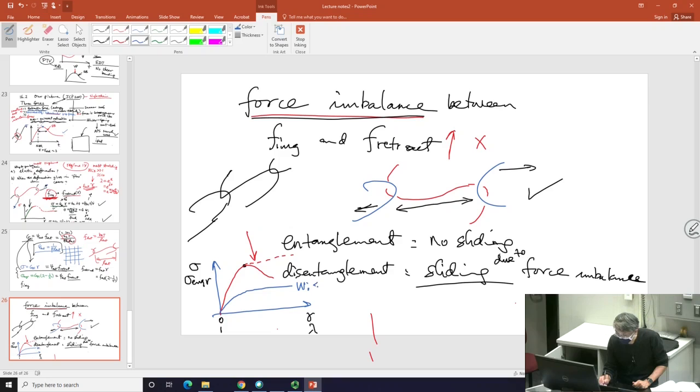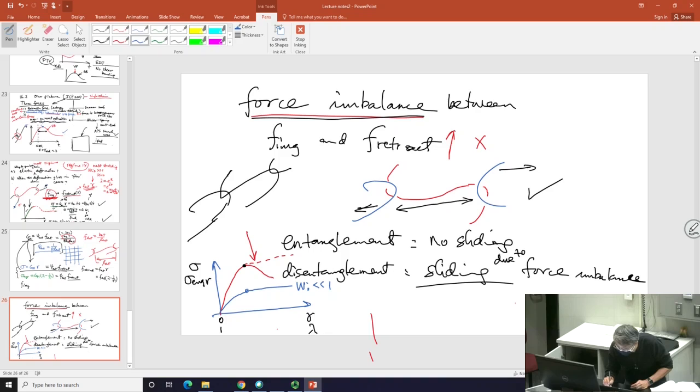You do have the dashed line when, in other words, you don't have overshoot. There is no overshoot when the rate of shear is low enough. And you say, well, I said that before.